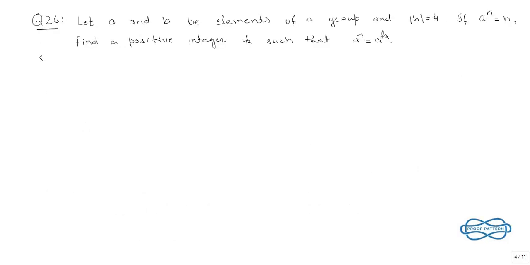Question number 26. Let A and B be elements of a group and the order of B is 4. It means B to the power 4 is identity, and if A to the power n is equal to B, then find a positive integer k such that A inverse is equal to A to the power k. Since the order of B is equal to 4, this means B raised to power 4 is equal to identity.